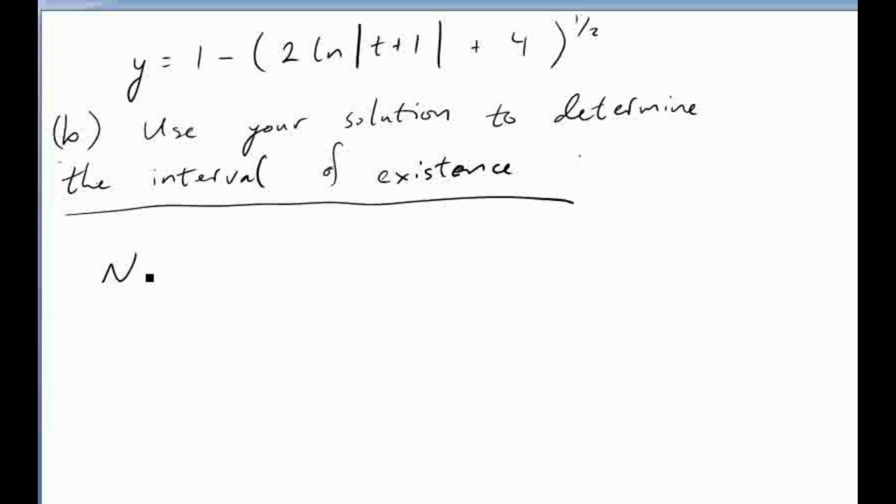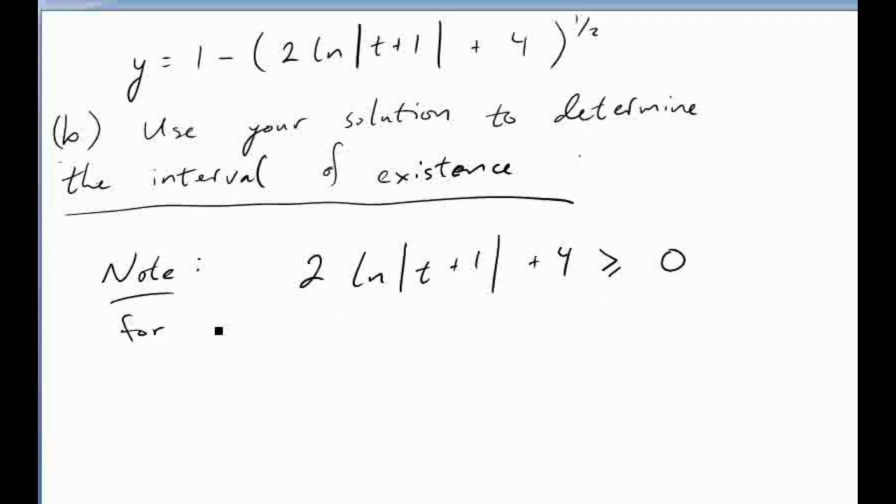So note 2 natural log of |t + 1| + 4 has to be greater than or equal to 0 for the value to exist.